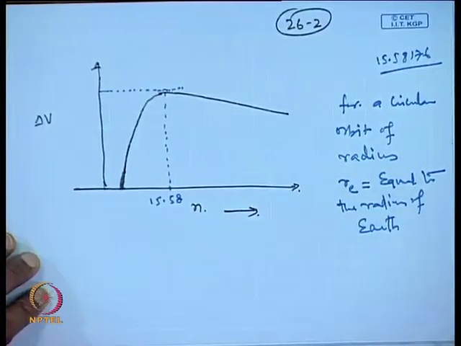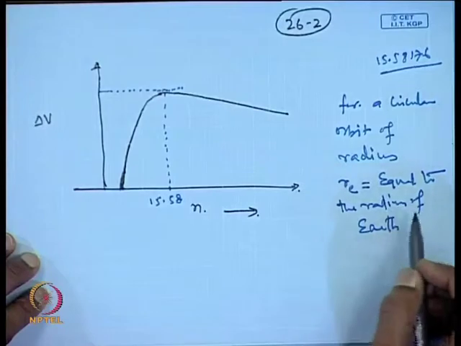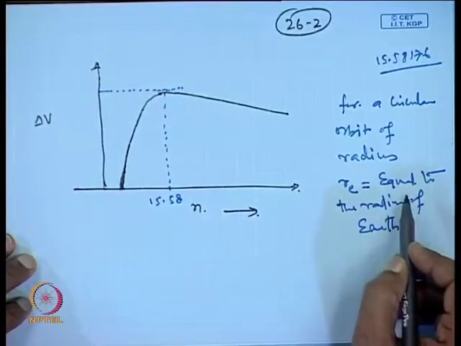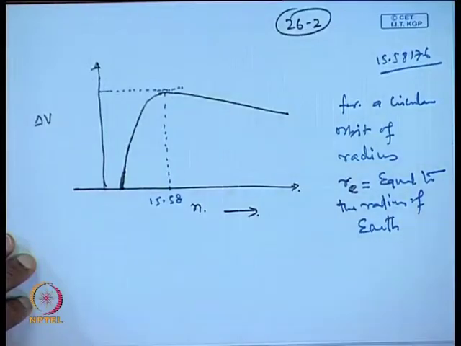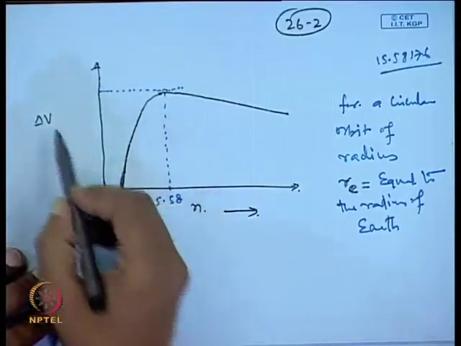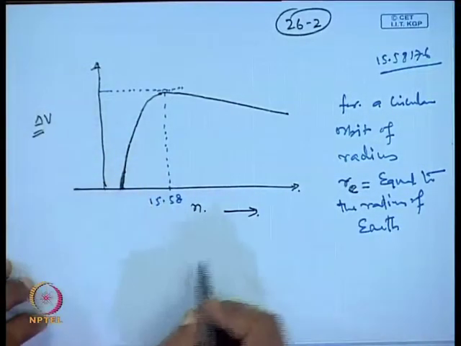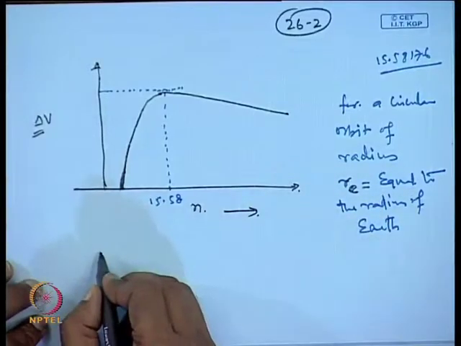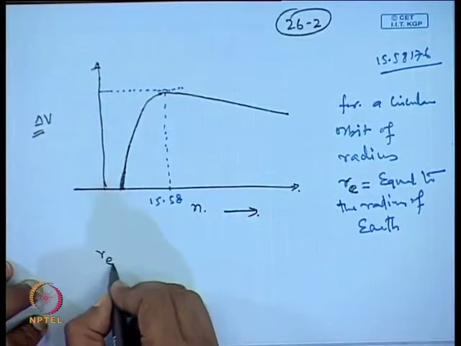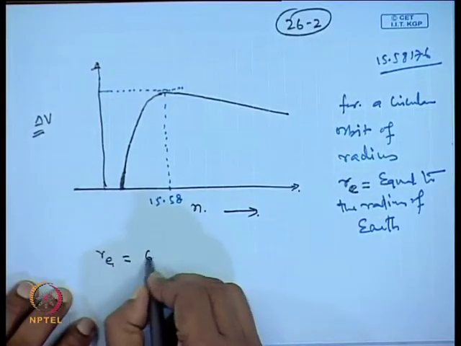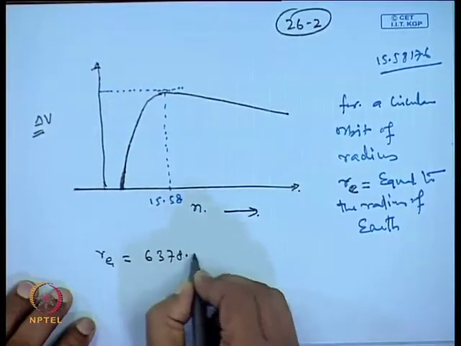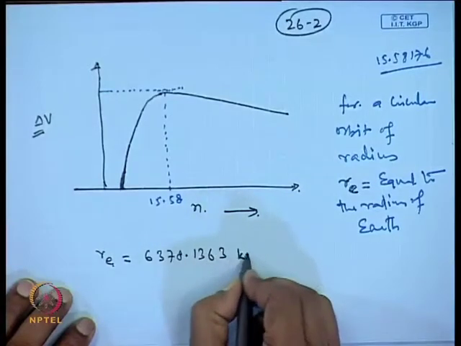So, suppose a satellite is moving in a circular orbit whose radius is just the radius of the earth, and replace the earth by a point mass of the same mass as that of the earth, then you can get the value of this delta v. So, here the r earth value will be around 6378.1363 kilometers.